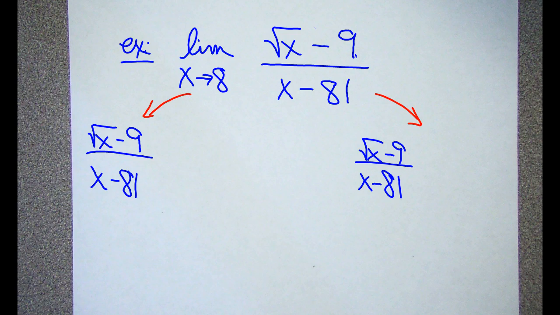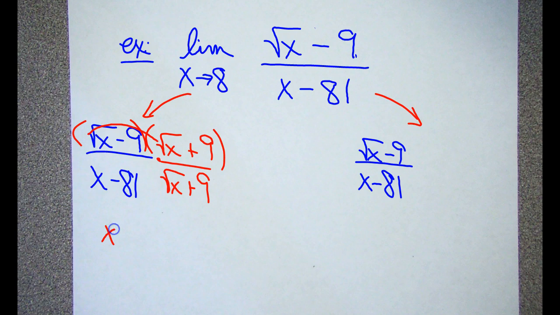I'll do rationalizing first. So I'm going to multiply by the square root of x plus 9. And then if I multiply these two together, what's the square root of x times the square root of x? X. What happens to these two guys in black there? They cancel, and then what's negative 9 times 9? Negative 81.